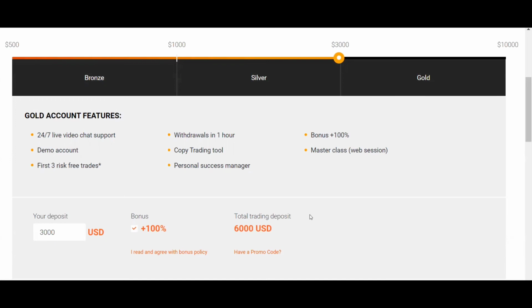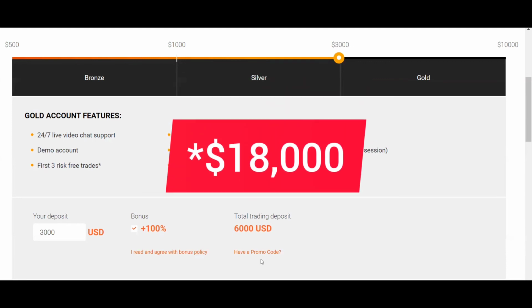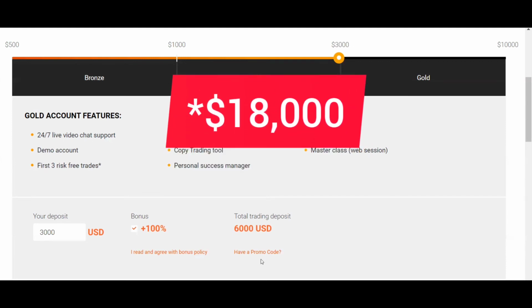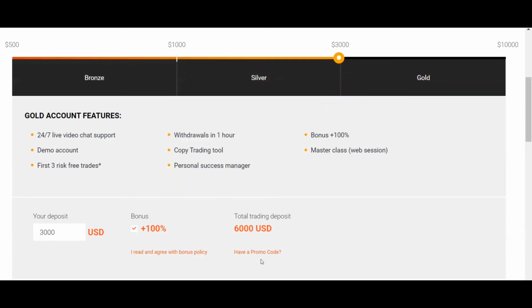Now, mind you, again, if you take that bonus, you cannot withdraw until this is turned over 3 times. And that's $18,000 of turnover. Doesn't mean that your account has to be at 18,000. Just means the amount of trades, whether won or lost throughout your trading journey, has to meet $18,000 of turnover before you can withdraw.